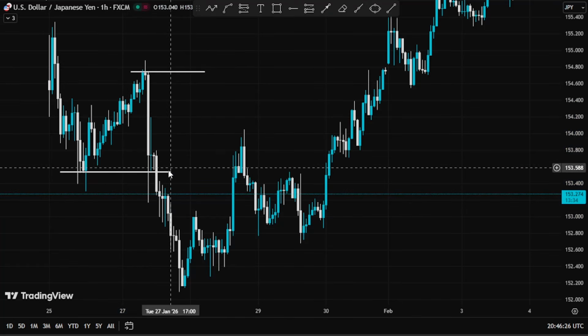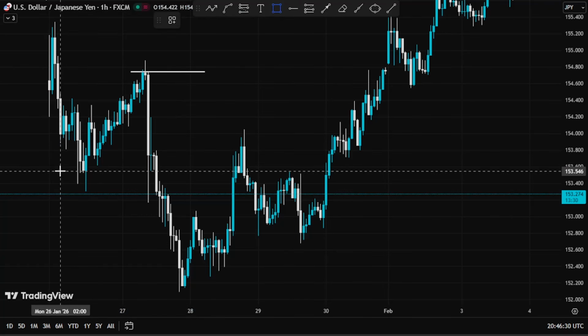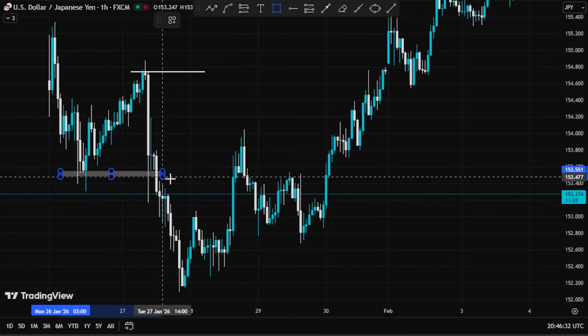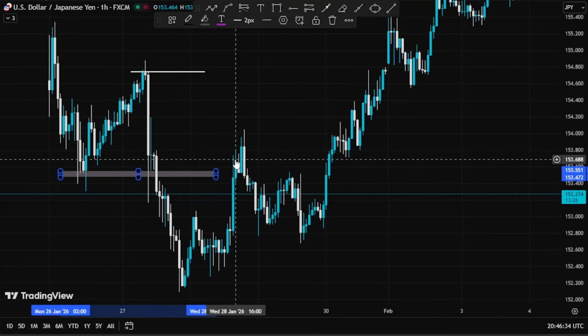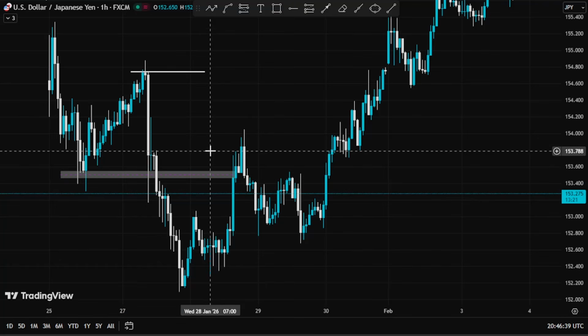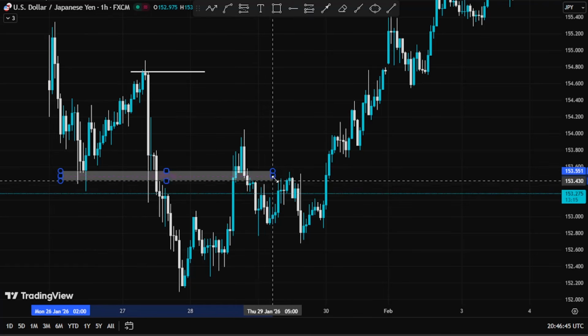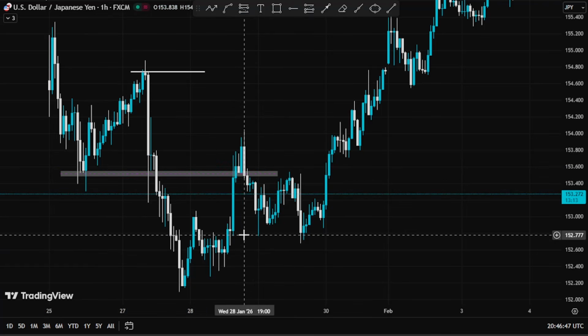But in this instance, you don't use a line to mark. You want to mark a zone so that you account for a region of the swing low, not just a line, because you want to leave some space there just in case.